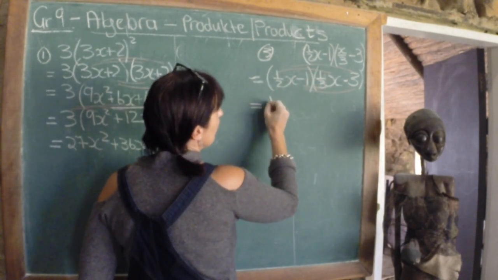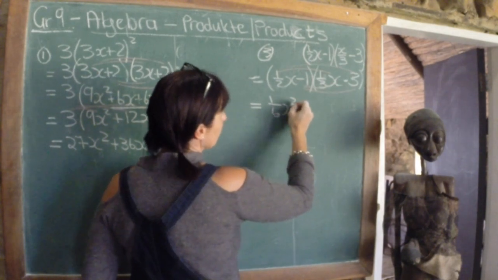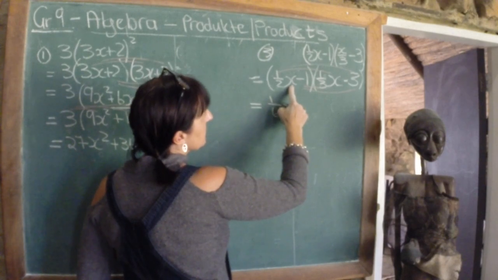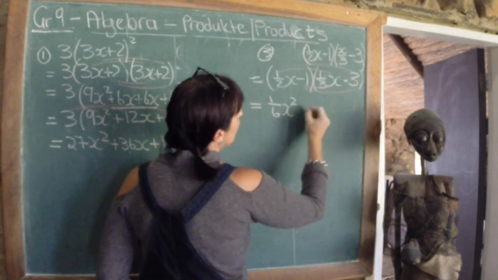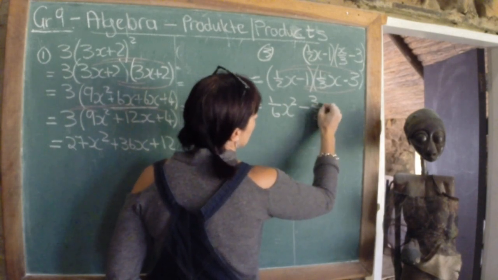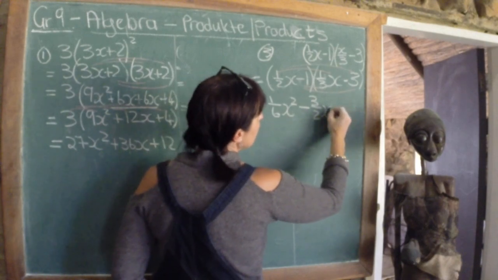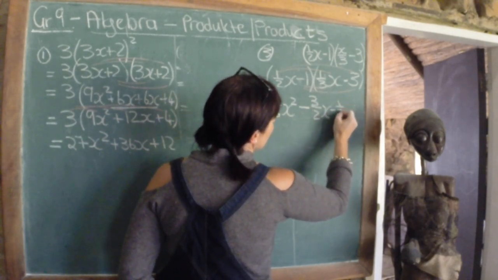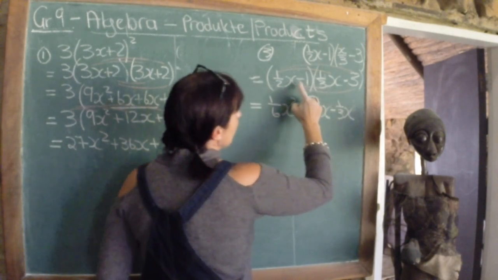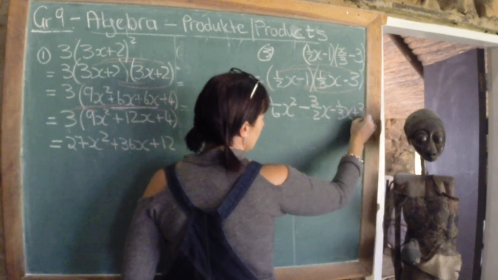Dit gee vir my 1 op 6, x times x gives me x squared. A half x maal minus 3, minus 3 op 2x. Minus 1 maal 'n derde is minus 'n derde x. En 'n min maal 'n min is 'n plus 1 maal 3 is 3.